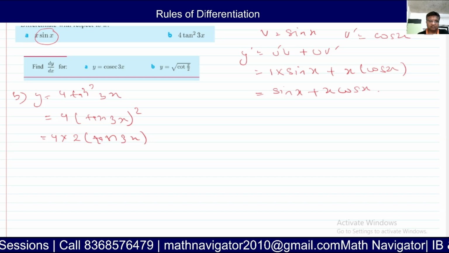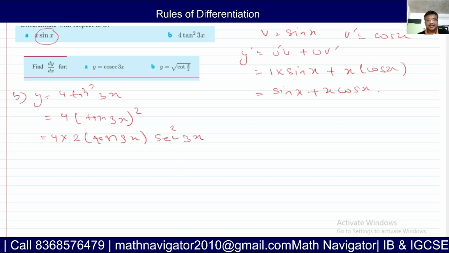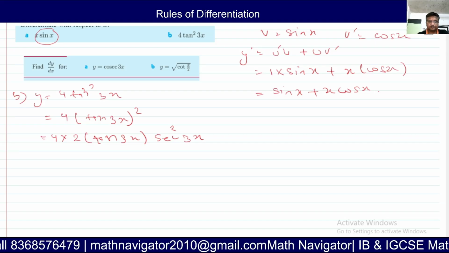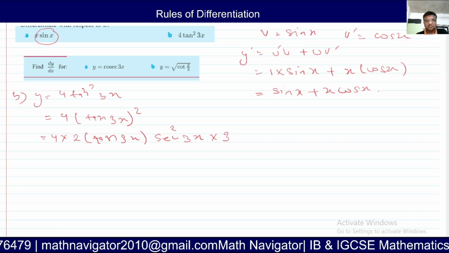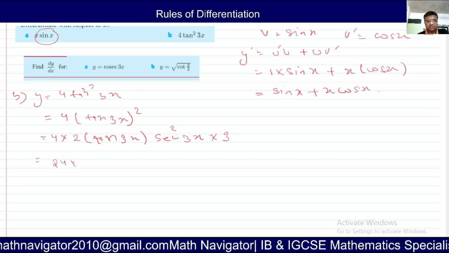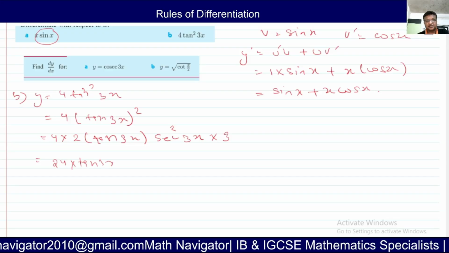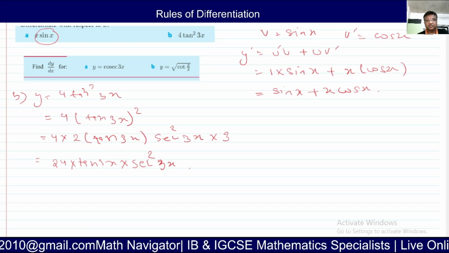Then differentiate tan 3x, which will be sec squared 3x. And then differentiate 3x, which is 3. So the answer is 4 times 2 times tan 3x times sec squared 3x times 3. I hope this is right.